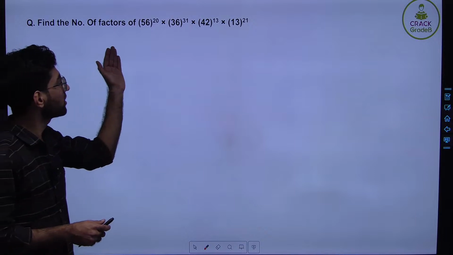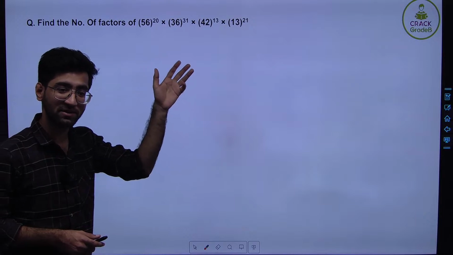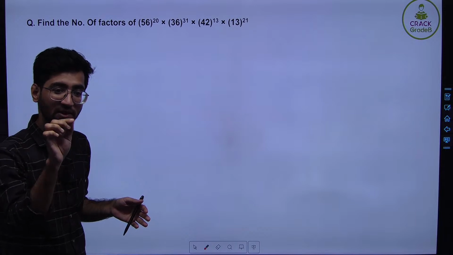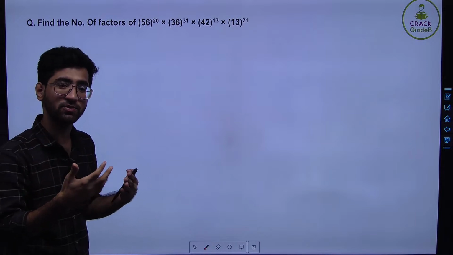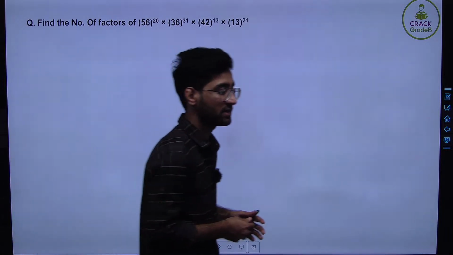Means at all the bases there should be prime numbers: 2, 3, 5, 7, 11, 13. Then you will look at the powers, add plus 1 to each power, and then multiply, and then you will get the number of factors, right? Try to solve this question.